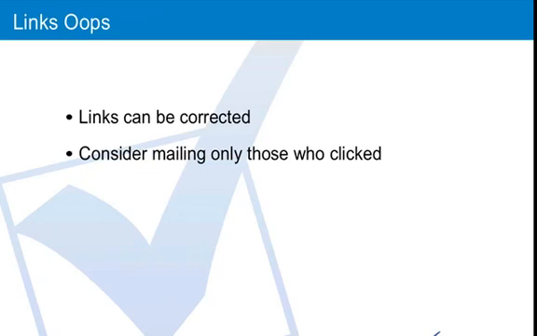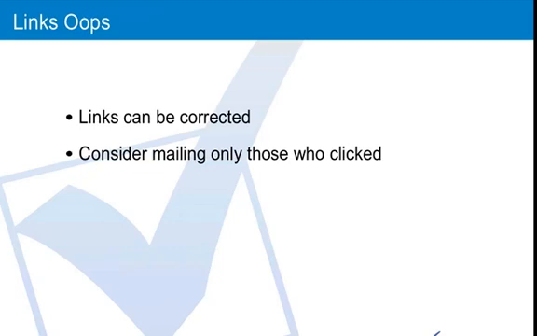Once the link's corrected in your email, anyone else who opens it after that will see the correct information or will go to the correct page. So they're not going to need to know that there was an initial error. So you can create a segment of your list based on the people who've clicked just that one link and then send a follow-up email only to them. And then that way you're not going to impact your whole mailing list by sending out a whole other email to everybody.